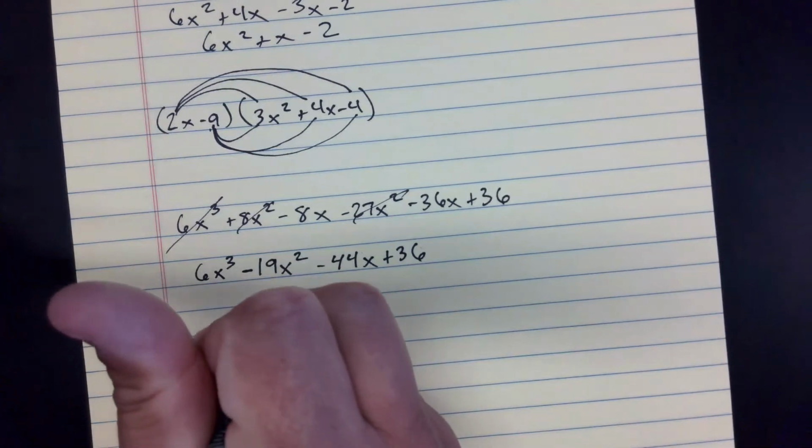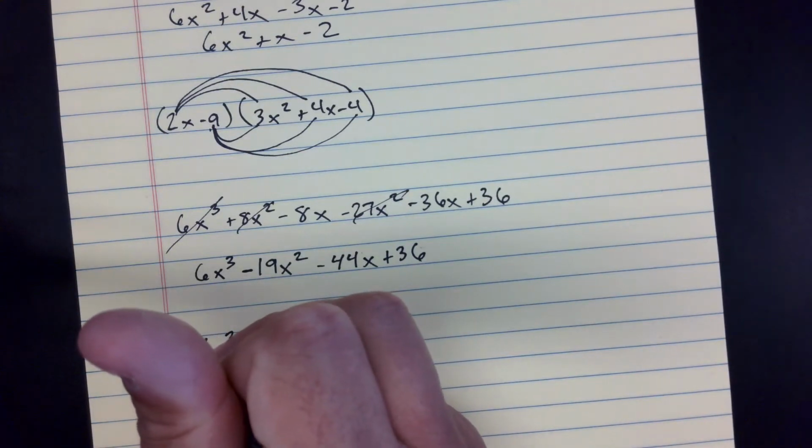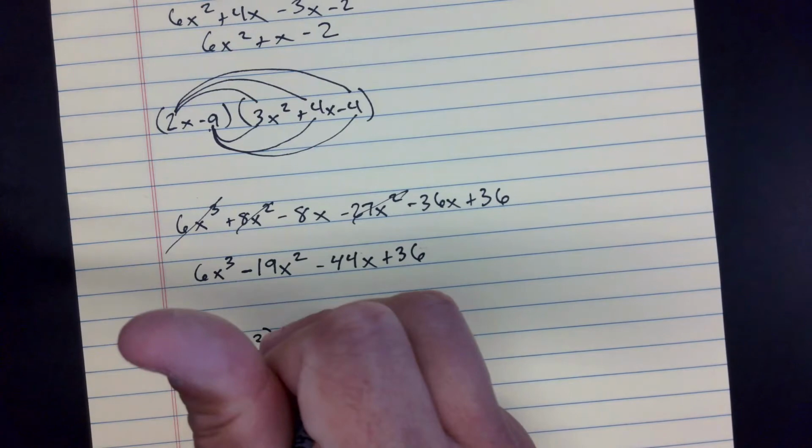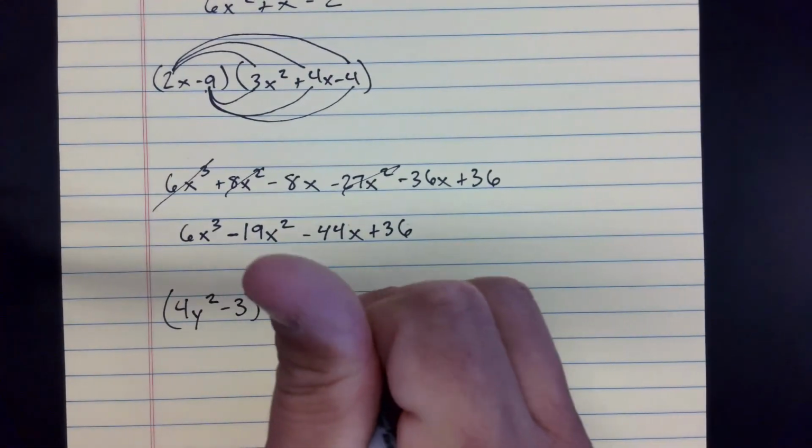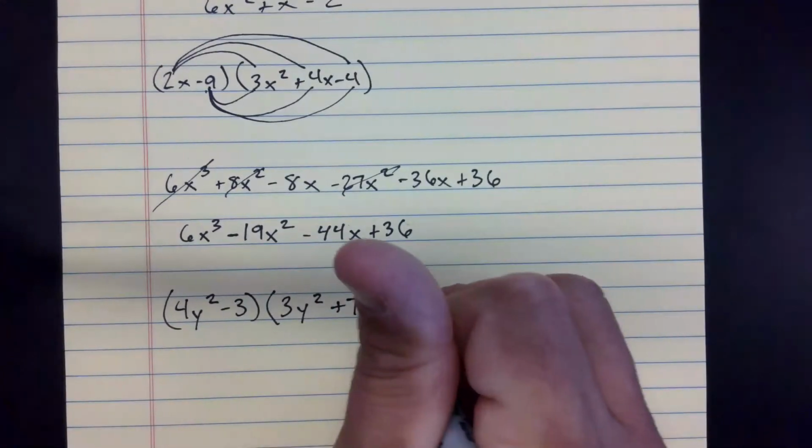So 4y squared minus 3 and 3y squared plus 7y minus 2.